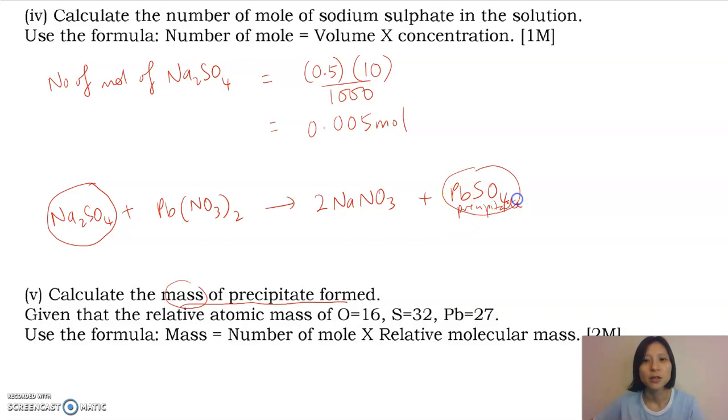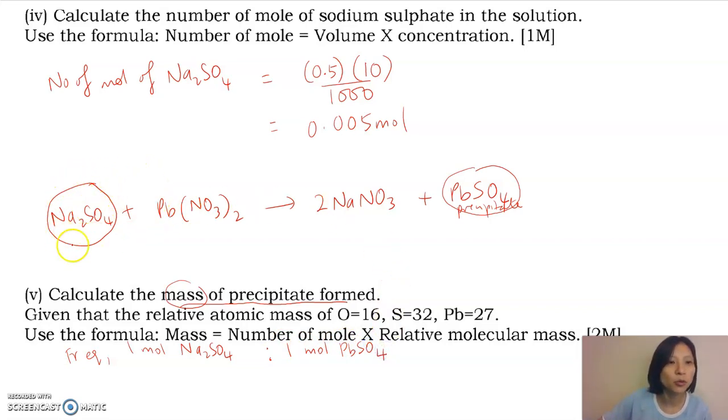precipitate. From the equation, I'll write it here, 1 mole of sodium sulfate ratio with 1 mole of PbSO4. We already know the number of moles of sodium sulfate from the previous question, so we write it down, 0.005 mole sodium sulfate.